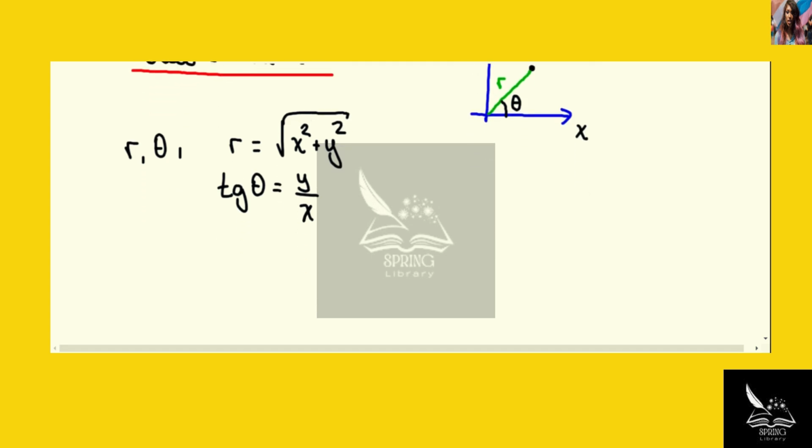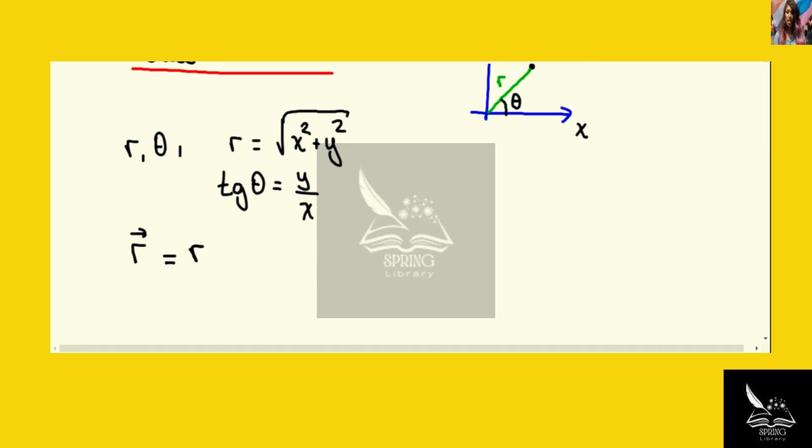So the position vector of a particle, this r vector here, can be written as the r coordinate times a unit vector in the r direction.